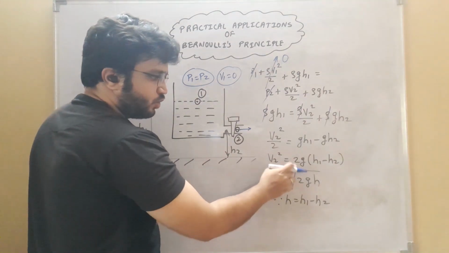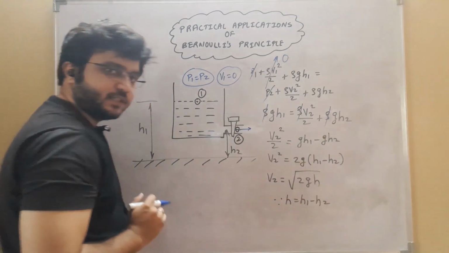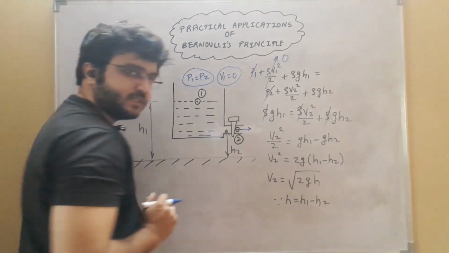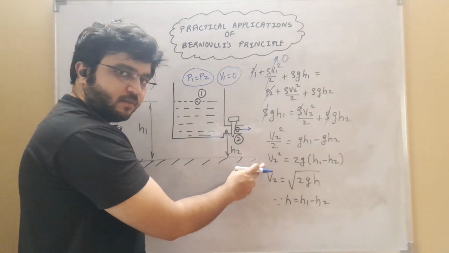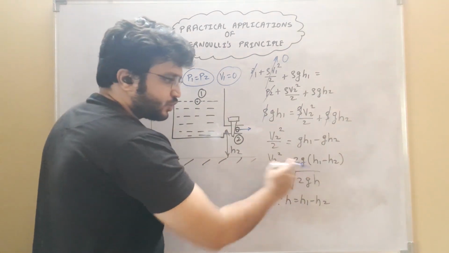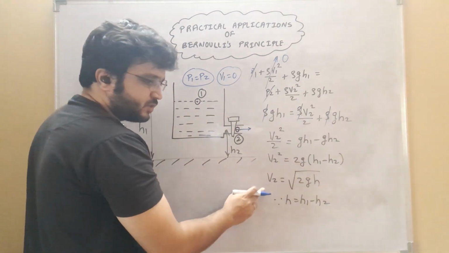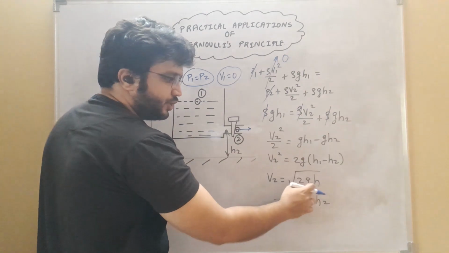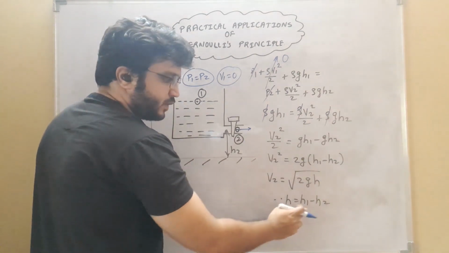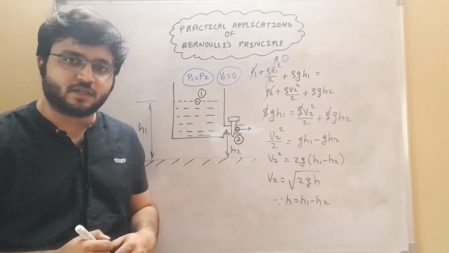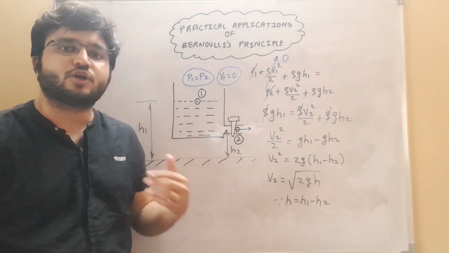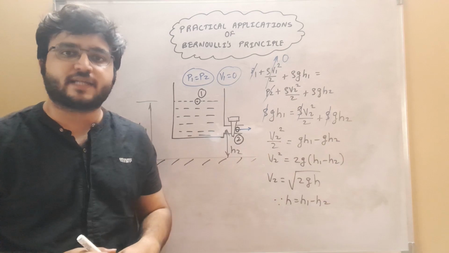So V2 square is equal to 2G into H1 minus H2. Now we can replace H1 minus H2 by the term H, and since it is a square term, we take the square root on both sides. So V2 is equal to root of 2GH, where H is equal to H1 minus H2. This is how we can calculate, using Bernoulli's principle, the velocity at which the water is going to come out of the tank.